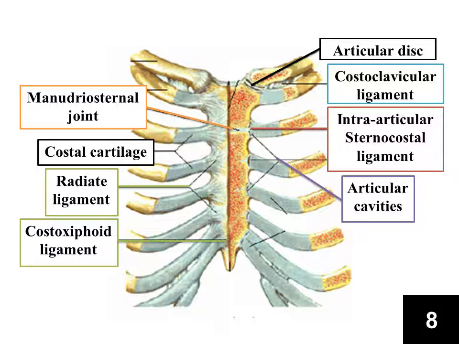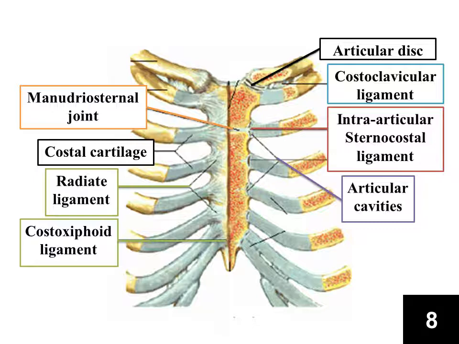There is also the interarticular sternocostal ligament. The cavity of the second, as you see, is made of two half notches, and it is divided into two by the interarticular ligament.